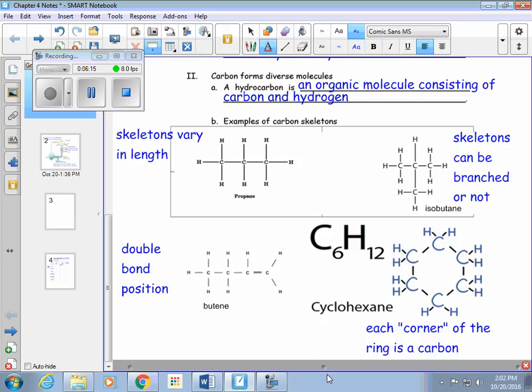And then the fourth variety, I have cyclohexane here, the fourth variety of how you can arrange different carbon skeletons. This one is in the shape of a ring. And you'll notice that at the corner, I guess, of the ring, which a true ring doesn't have corners, but when we're talking carbon skeleton, they do. So at each corner of the ring, there is a carbon molecule.